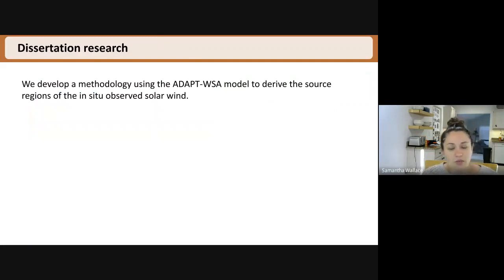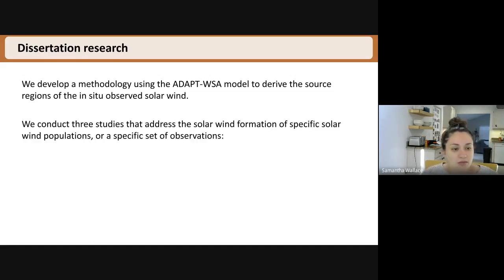So in this research, we employ the ADAPT-WSA model. It's two models coupled together, has some more rigorous capabilities that have come out recently, and it's well vetted. We develop a methodology to derive source regions of the in situ observed solar wind. We conduct three different studies that address the formation of either specific populations of wind or a specific set of observations.